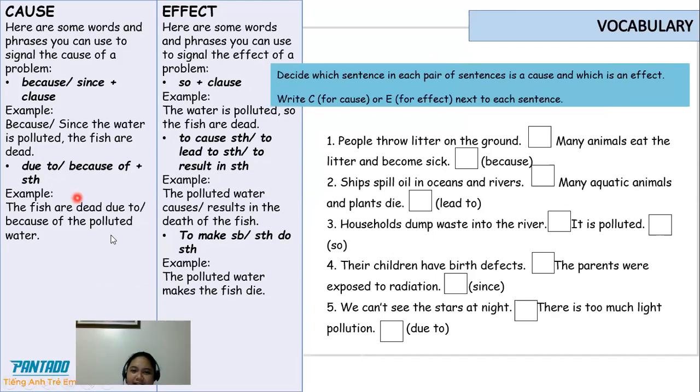Decide which sentence in each pair of sentences is a cause and which is an effect. Write C for cause or E for effect next to each sentence. So do you know what is cause and effect? Yes. Can you tell me what is cause?